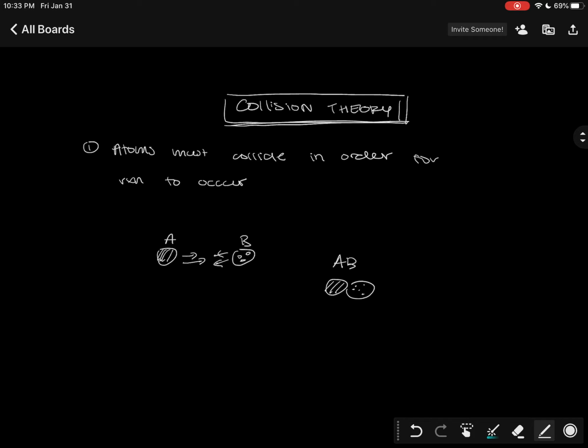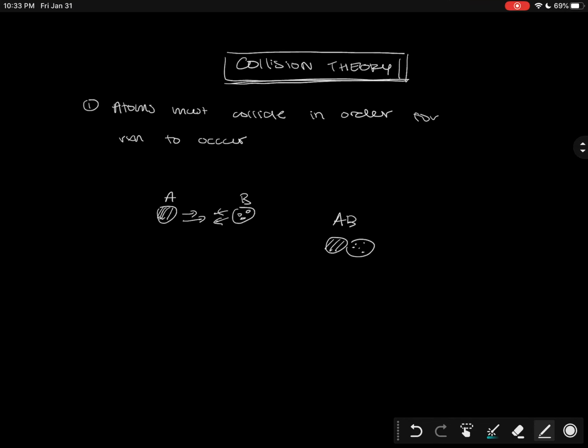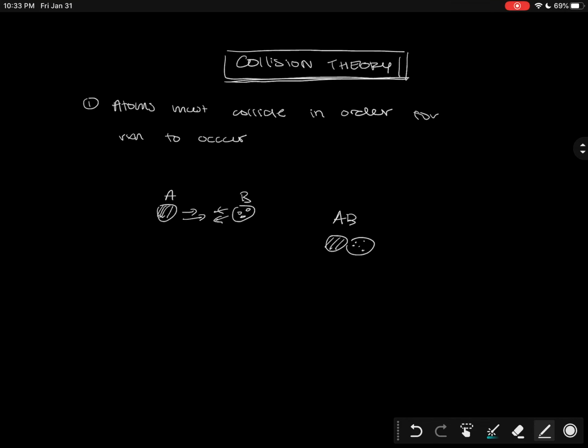And we know that everything has to do with the likelihood that they will collide. So we know also that the rate of the reaction is directly proportional to the number of collisions. So if we increase the amount of times that A and B collide, we'll increase our amount of products.